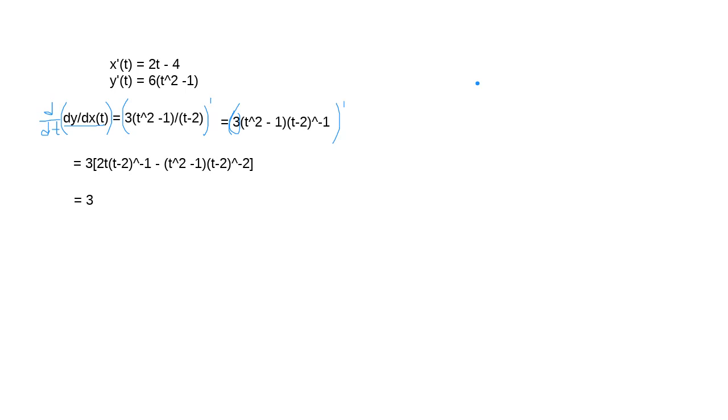So now I have 3 times 2t over t minus 2, then the other one is t minus 2 squared. So I'm going to multiply 2t with t minus 2, common denominator, then minus t squared minus 1, all divided by t minus 2 squared.